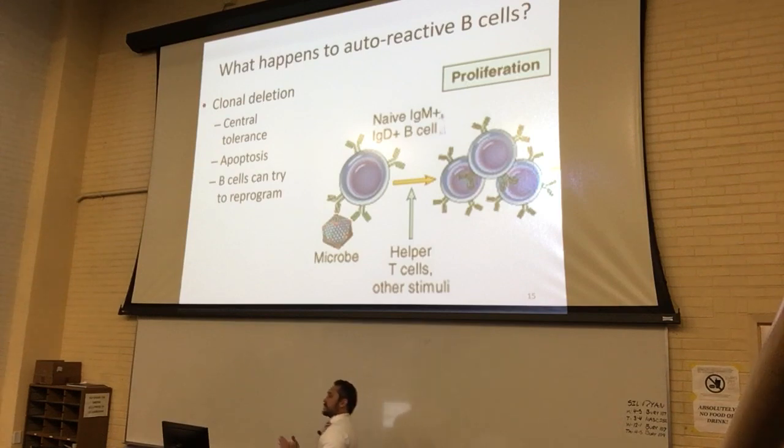So autoreactive B cells. We talked about autoreactive T cells. Who can share with me what happens with a T cell that's autoreactive? Do you let it continue if everything goes well?